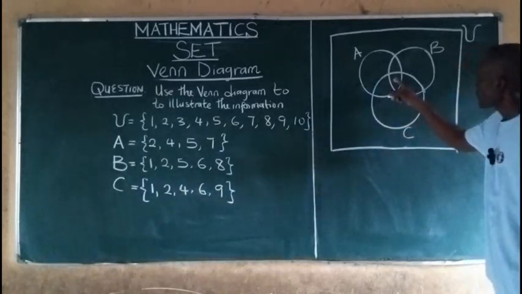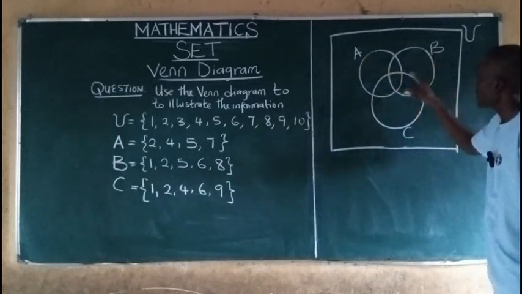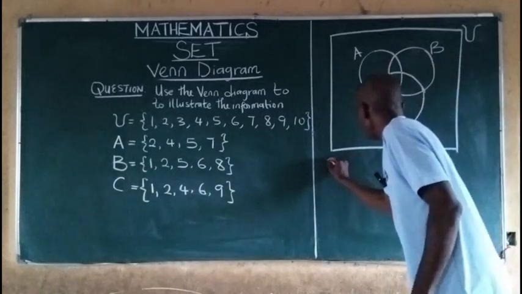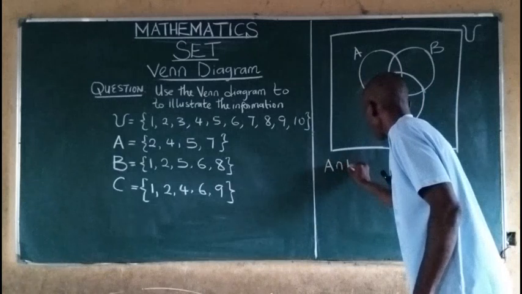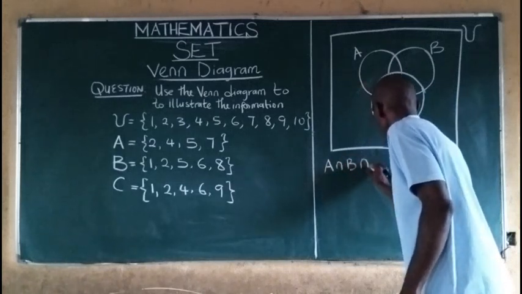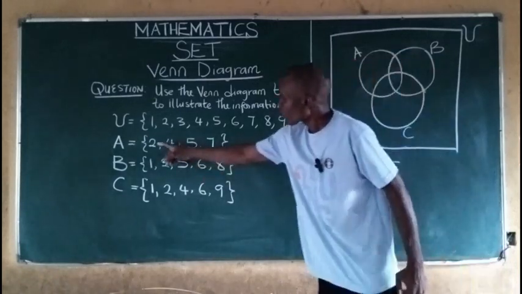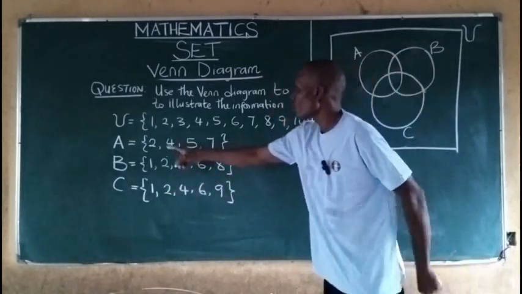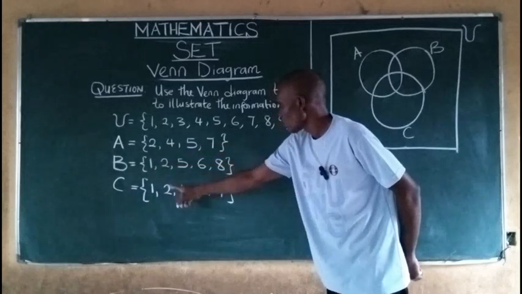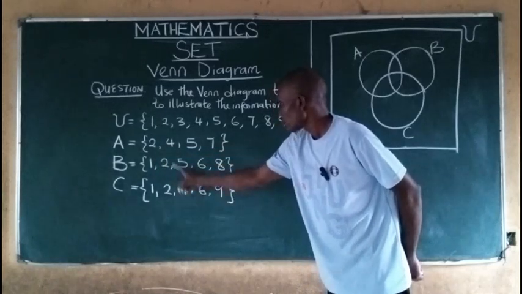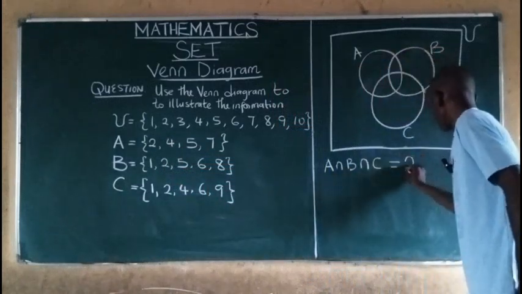Now, let us look for this point first. This point is A intersection B intersection C. What is the element that is common to A, B, and C? Here, 2 is common. Only 2. So we have it as 2.